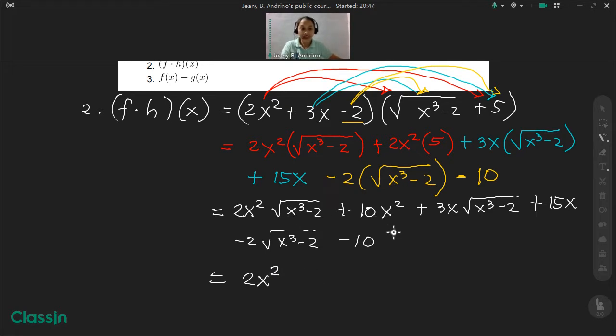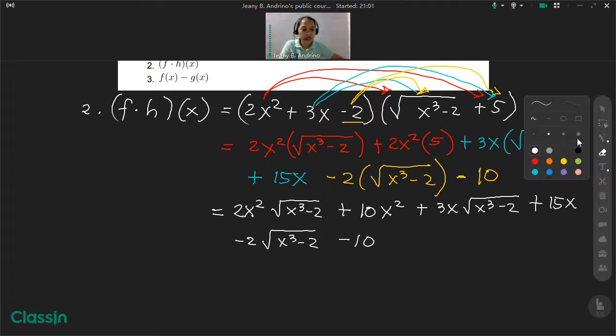every single thing. Hold on. I might not copy that one because I might not have anything that I can combine with. Let me erase that one. So let's just examine everything. So first one is we cannot combine this one and that one. Next is we go and examine those that contain x. So we have here 3x with the radical expression.